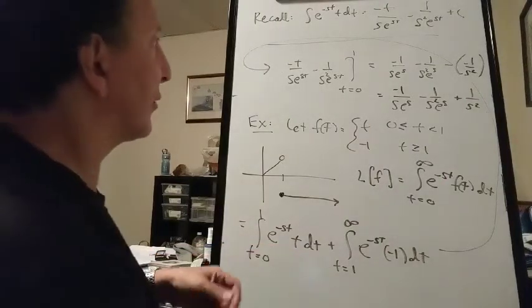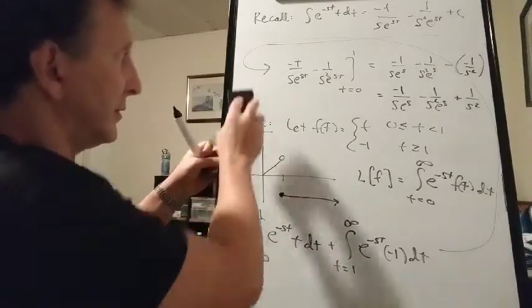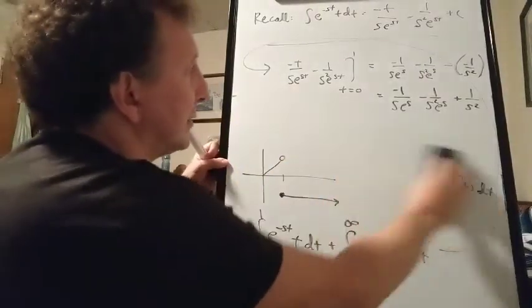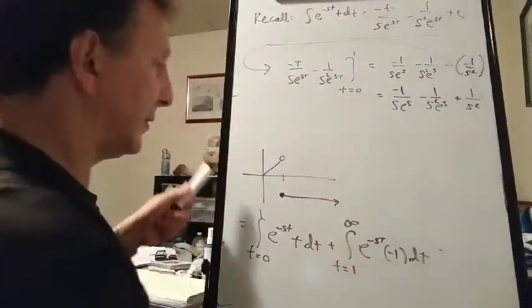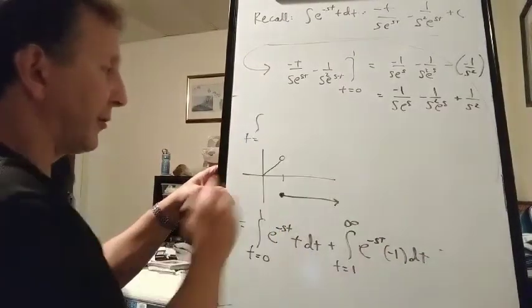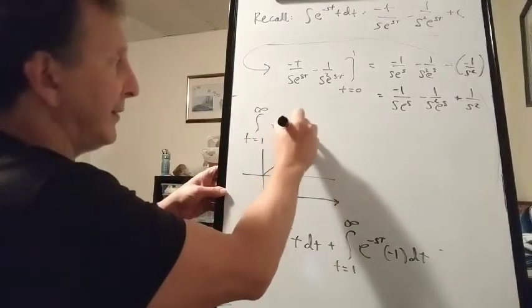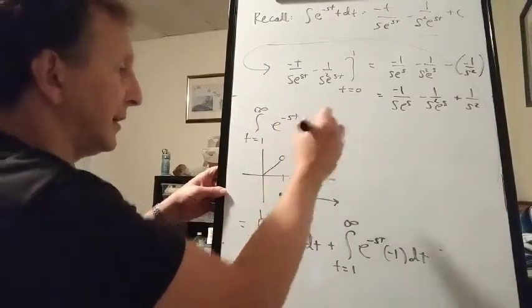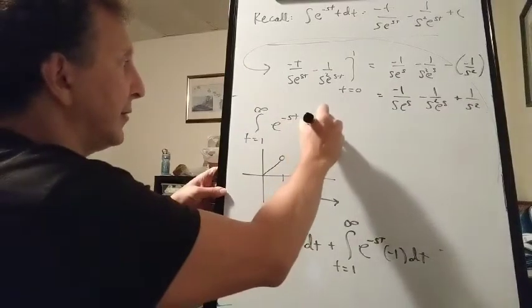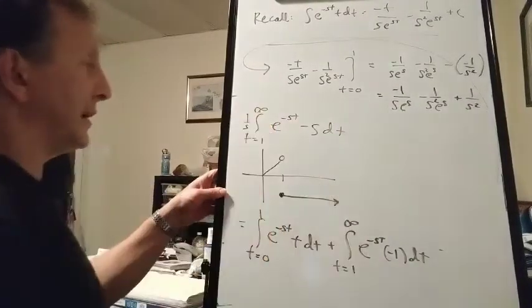And then the second integral is the integral from 1 to infinity of e to the negative st times negative 1. I wish I had an s here, so I'll put it there and then divide by s on the outside.